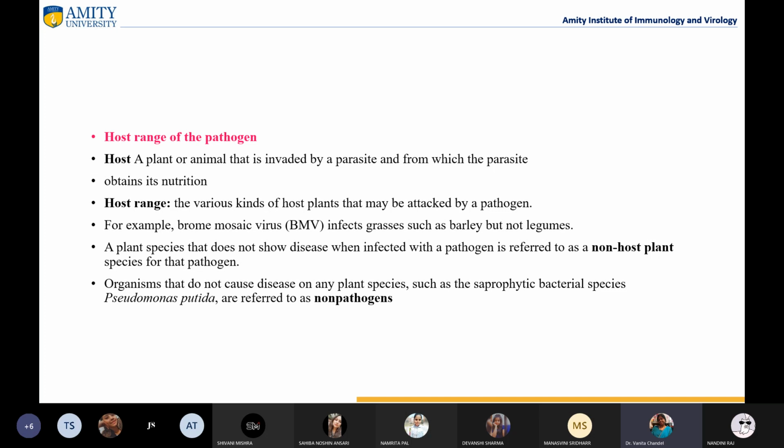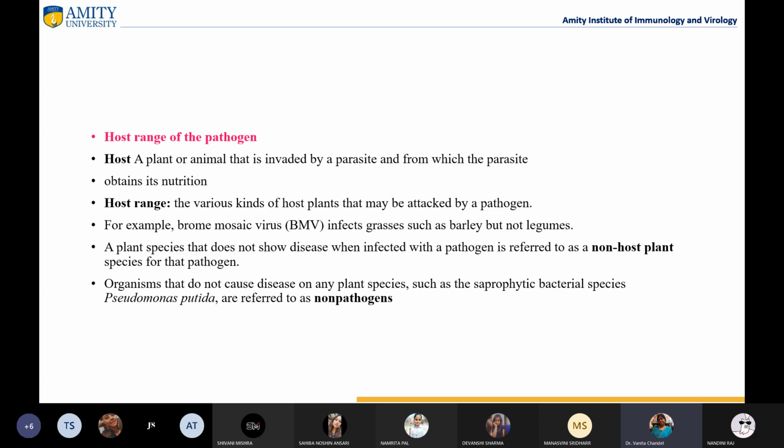So a host is a plant or animal which is invaded by a parasite and from which the parasite obtains its nutrition. Host range means the various kinds of host plants that can be attacked by a single pathogen. So when we talk about the host range of a fungus or a particular group of fungi, we need to mention the number of plants that particular pathogen is affecting, right?